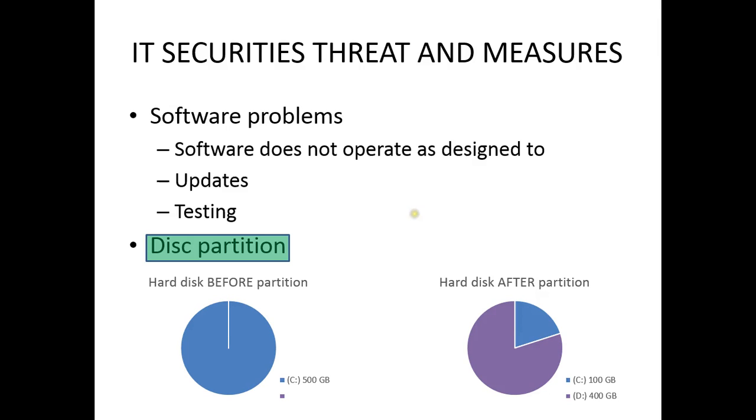The total is again 500 gigabytes, but the D drive includes all of your files. So if the software gets corrupted, or for any other reason you need to format the C drive, you just delete the software on the C drive and you keep the information on D. This is how you can protect your information.